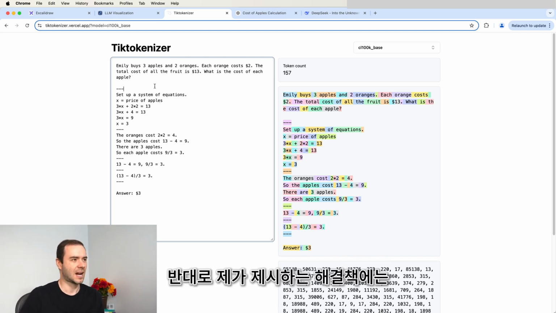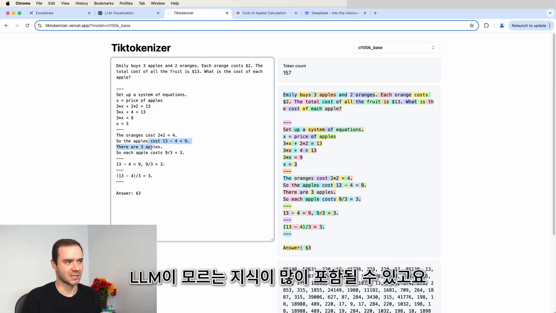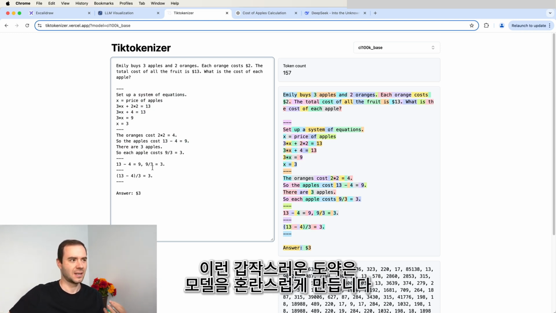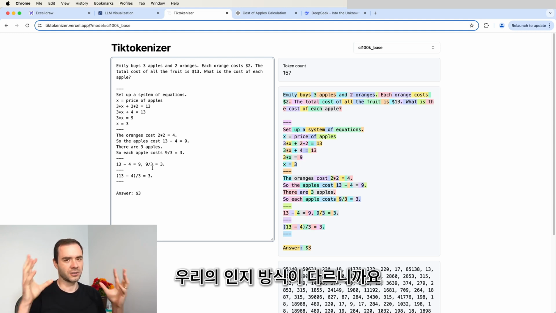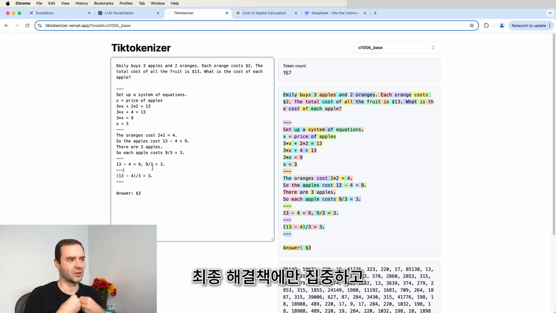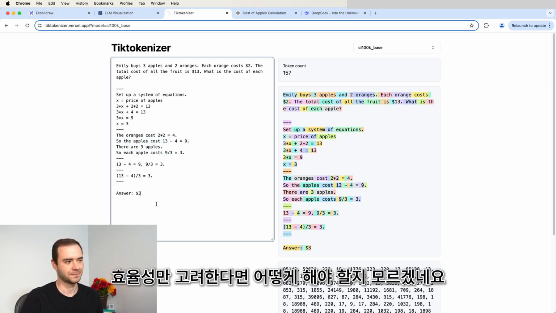But conversely, I might be injecting a bunch of knowledge in my solutions that the LLM doesn't know in its parameters. And then those are sudden leaps that are very confusing to the model. So our cognitions are different, and I don't really know what to put here if all we care about is reaching the final solution and doing it economically, ideally.